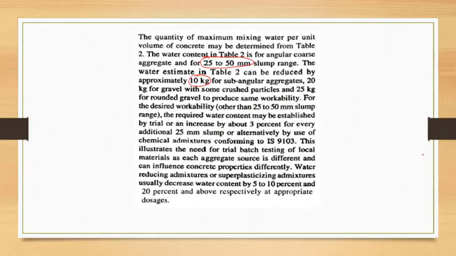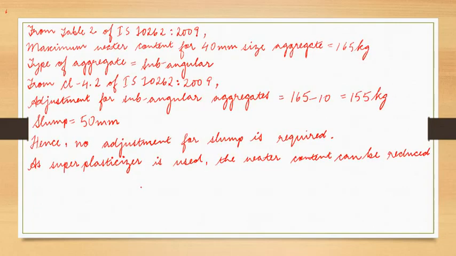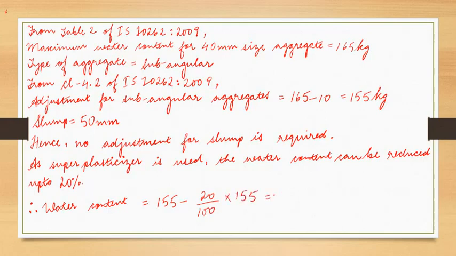For super plasticizers, we have to reduce it by 20%. So it can be reduced up to 20%. Therefore, gotekhini adjustment korar pisot final water content ami kiman pam? Water content is equal to 155 minus 20%, mane 20 by 100 into 155, which is equal to 124 kg.